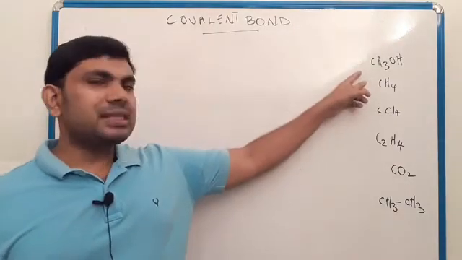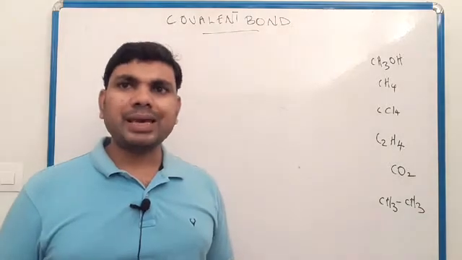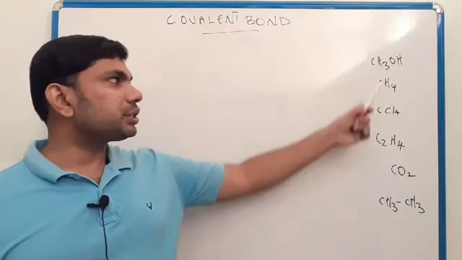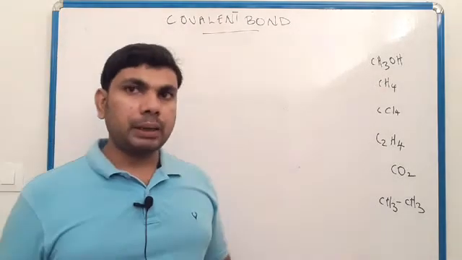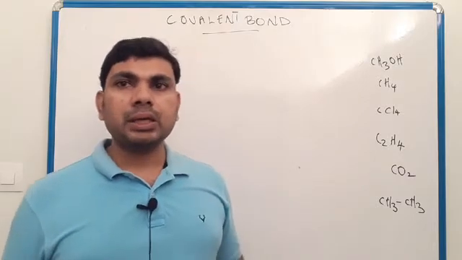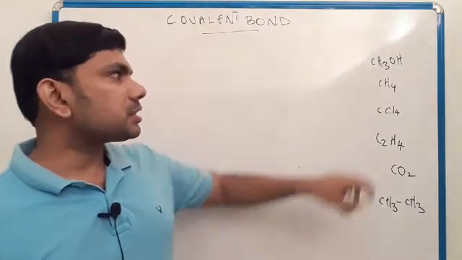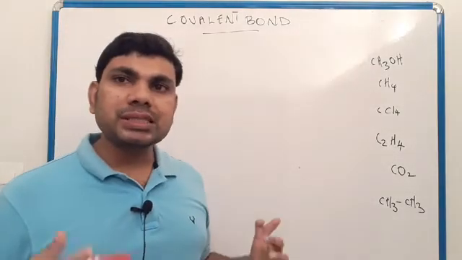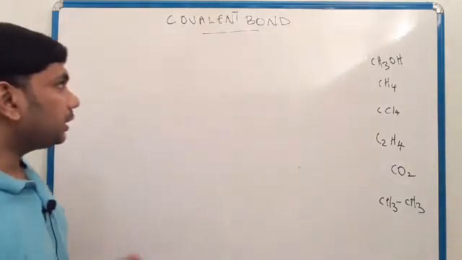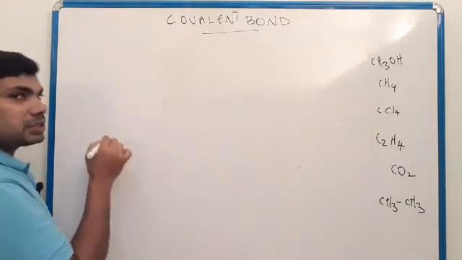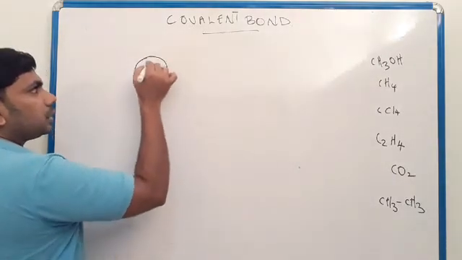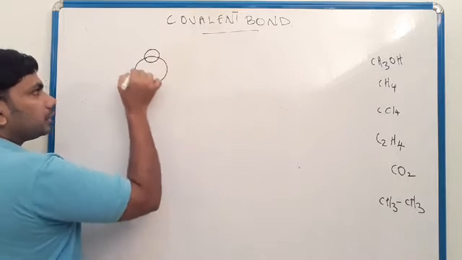Look here, first one, CH3OH. CH3OH means methanol. We will study this type of molecule in organic chemistry. Let us see how CH3OH makes covalent bonds. CH3OH means CH3, one carbon and 3 hydrogen.